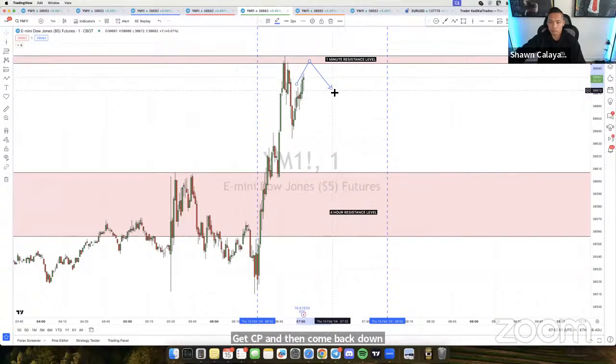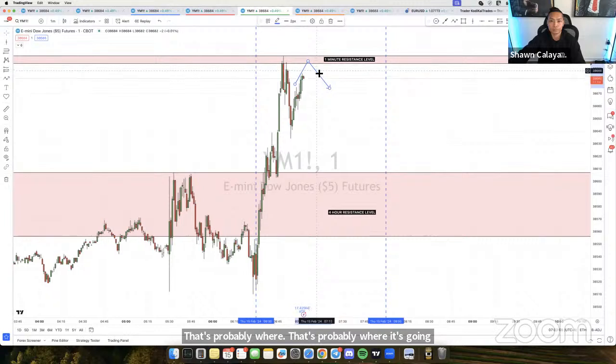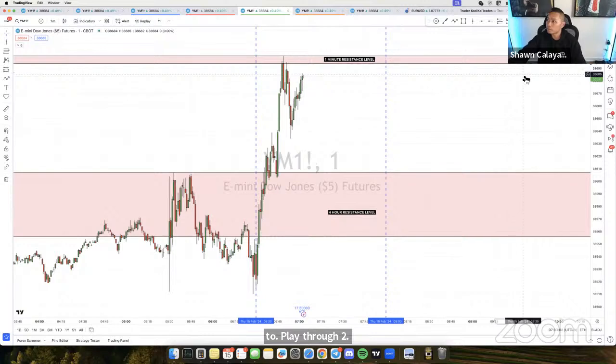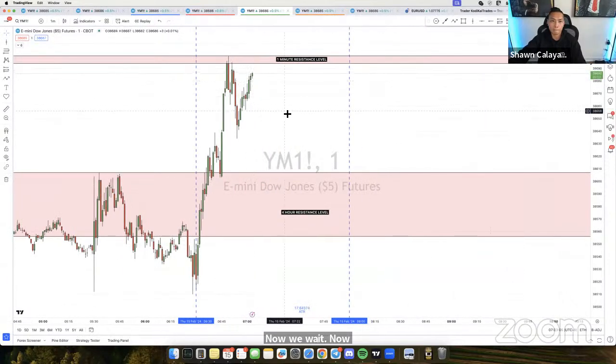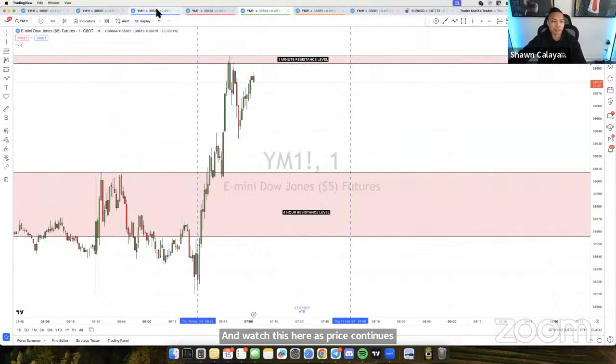That's probably where it's going to play through to. Now we continue to wait and watch this here as price continues to move along.